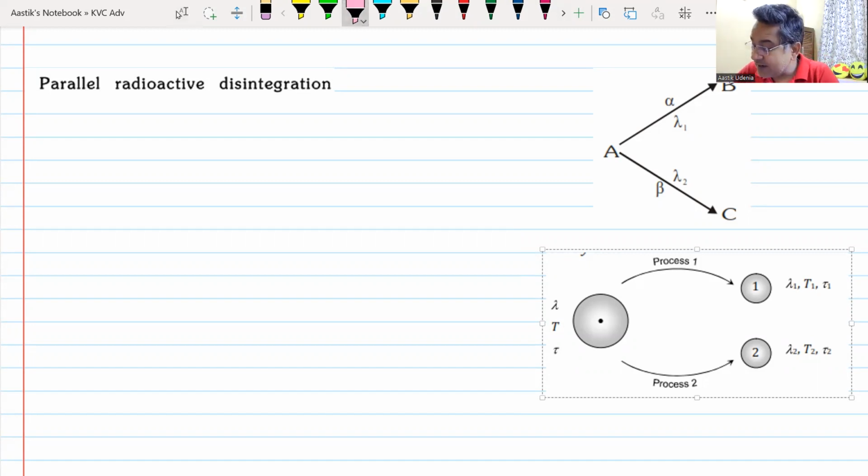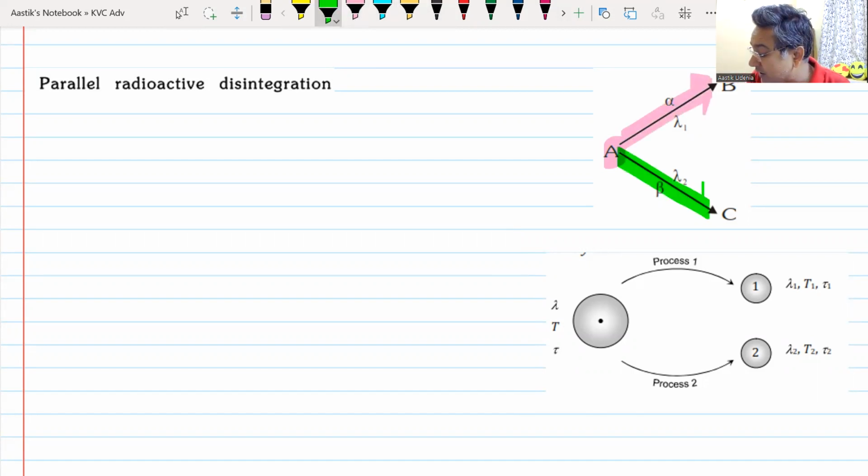So this sample of nuclei A may be decaying by alpha decay and giving us B. Some nuclei may be decaying by beta process and they may be giving us C. This is known as simultaneous decay. Do we understand simultaneous decay or parallel decay?